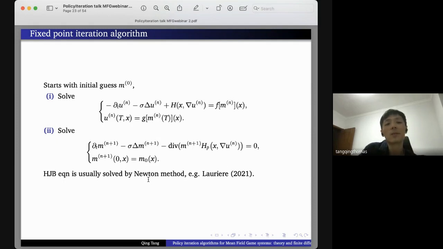The Newton method here would be different from using the Newton method for the whole MFG system. Here, even if F is a global coupling, you don't need any dense matrices if you use the Newton method. It is fine.